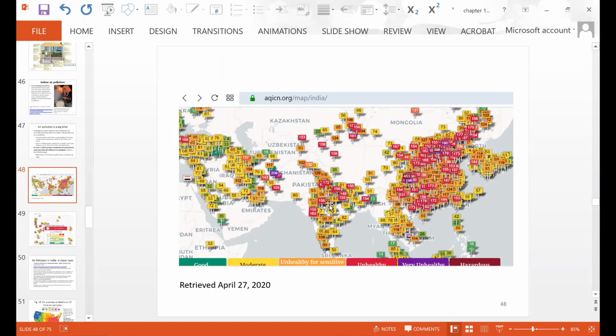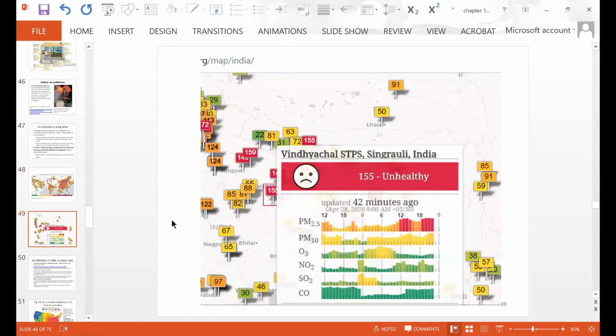So these are all the locations that have monitor systems. And when you click on one of the numbers, it gives you more information. Particulate matter 2.5, particulate matter 10, ozone, nitrogen dioxide, sulfur dioxide, and carbon monoxide.